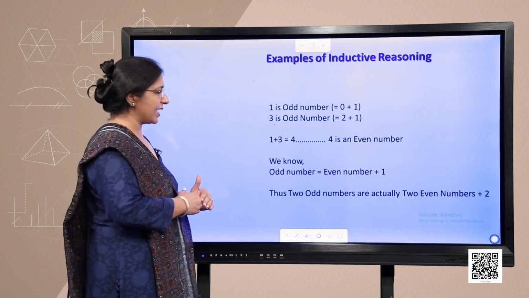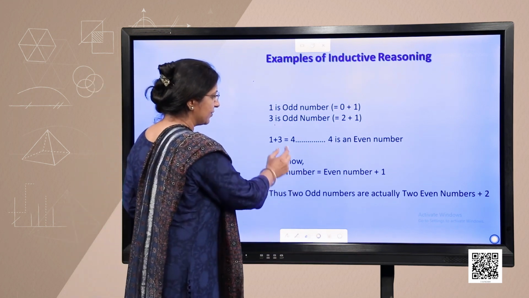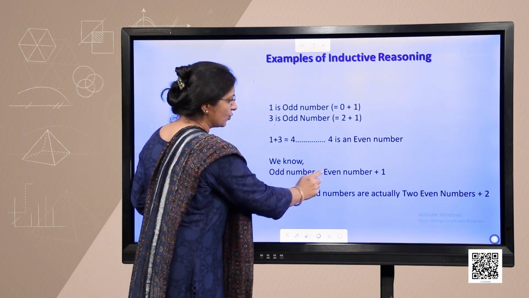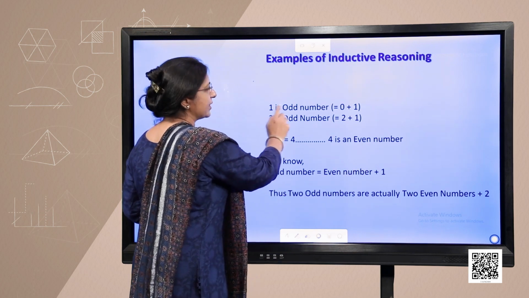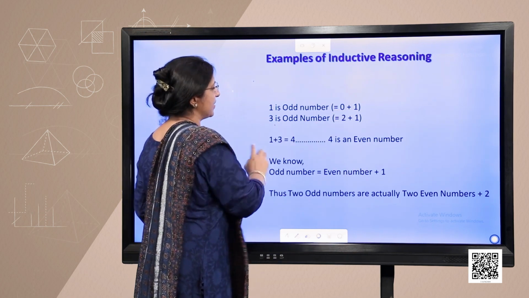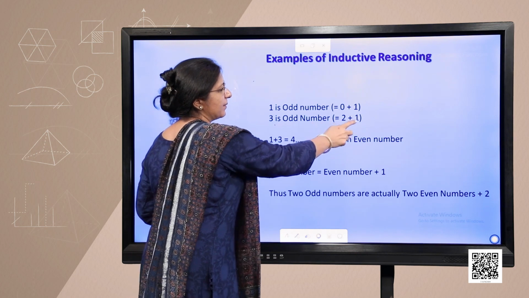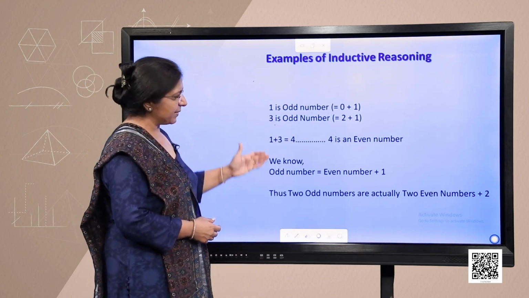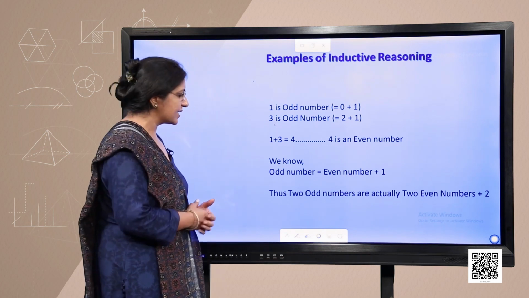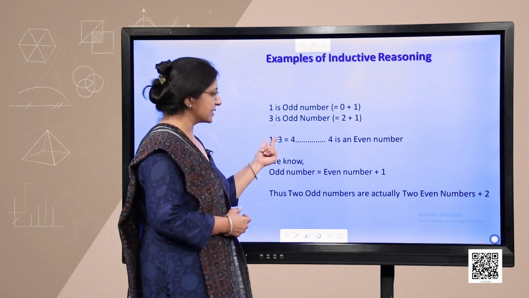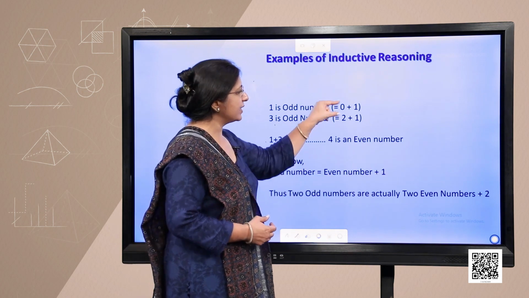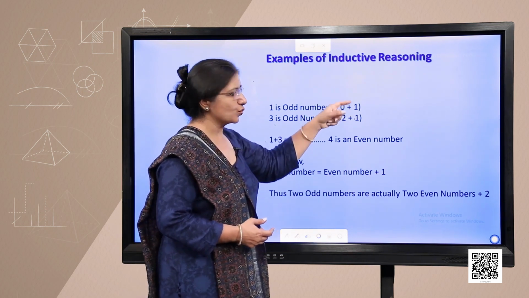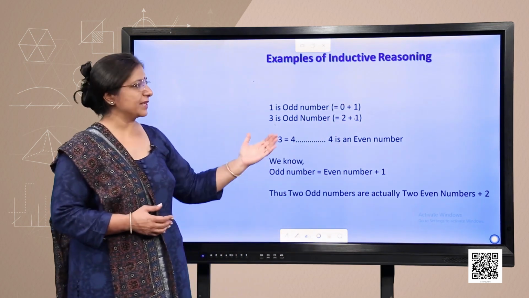Now, we can write that an odd number is equal to an even number plus 1. 1 is an odd number, even number plus 1. 3 is an odd number, even number plus 1. Now, from the above statements, what we can generalize is that the sum of two odd numbers is two even numbers plus 2. And this is the mathematical example.